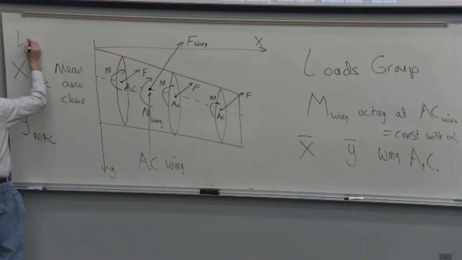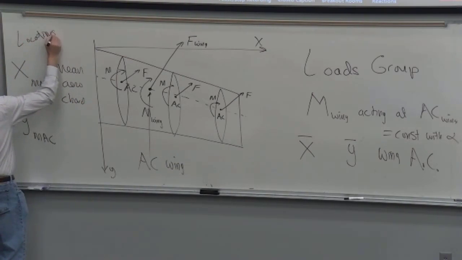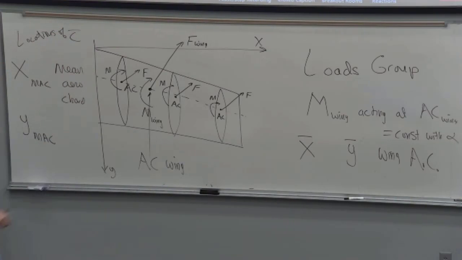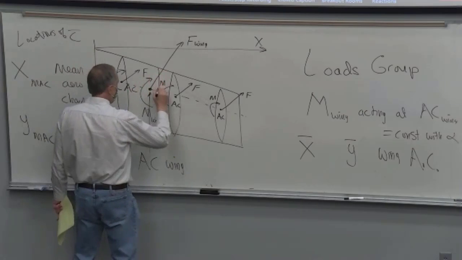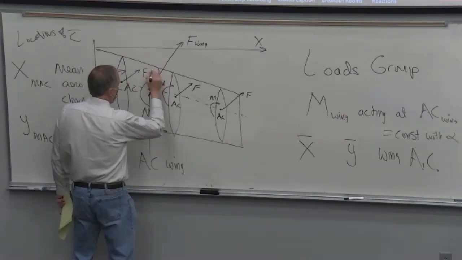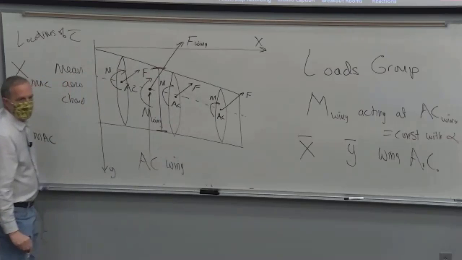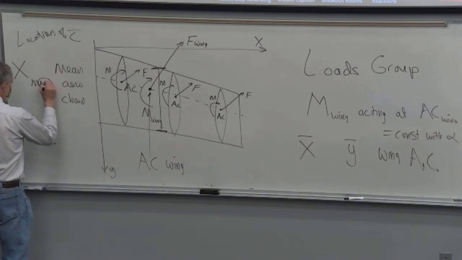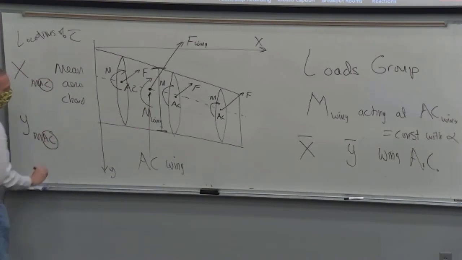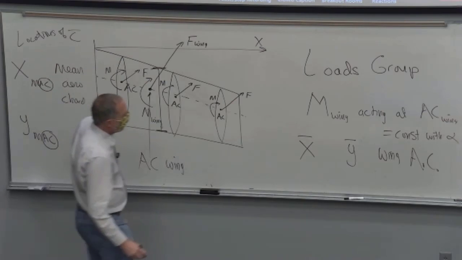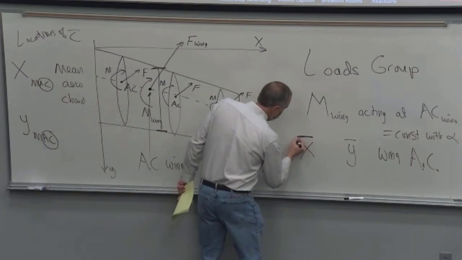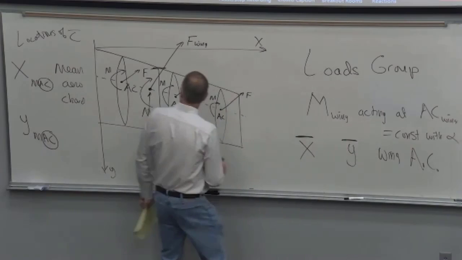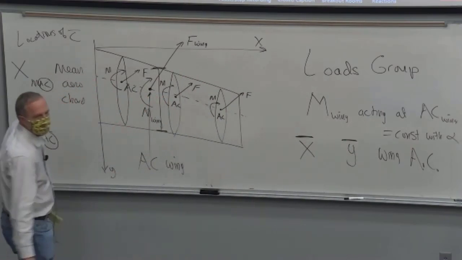So these are the locations of C bar, that mean chord. That's just locating that average chord in here somewhere, which is not the same as the aerodynamic center. So make yourself a big note that the AC in these names does not mean aerodynamic center. The bar notation gives us where that force and moment acts on the wing.